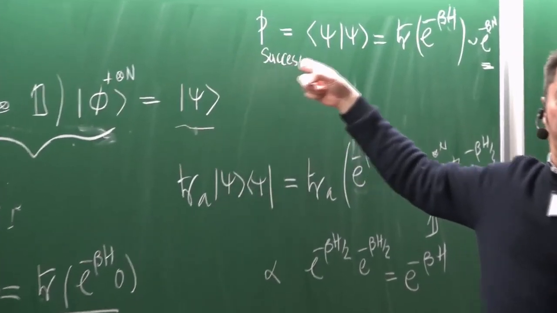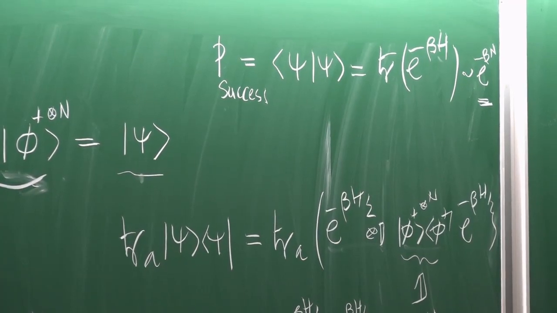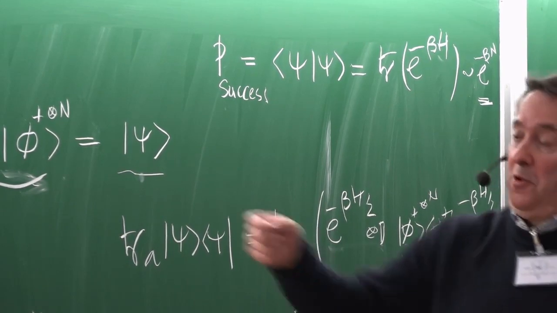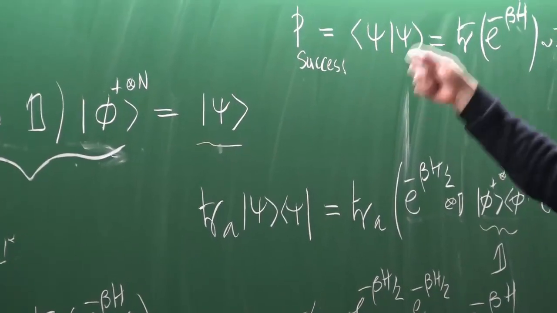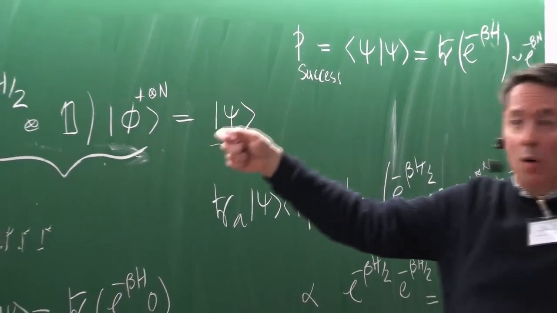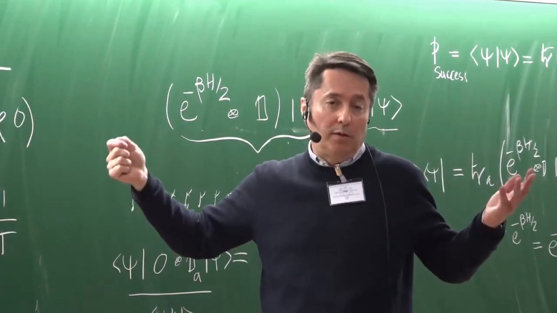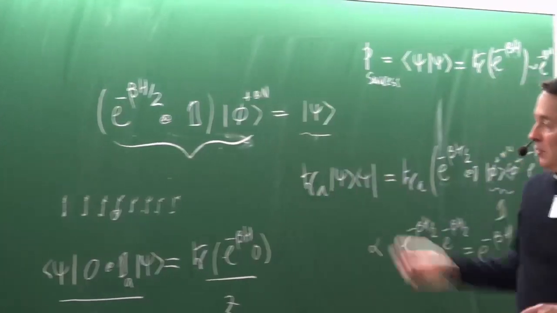The probability decreases exponentially with the system size, so this means that you will have to repeat an exponential number of times. And this is not strange because, as I mentioned, this is independent of the temperature, so this would work for all temperatures. And we know that for sufficiently low temperatures, this is QMA hard, so any quantum algorithm has to scale exponentially. So this is one of the algorithms.